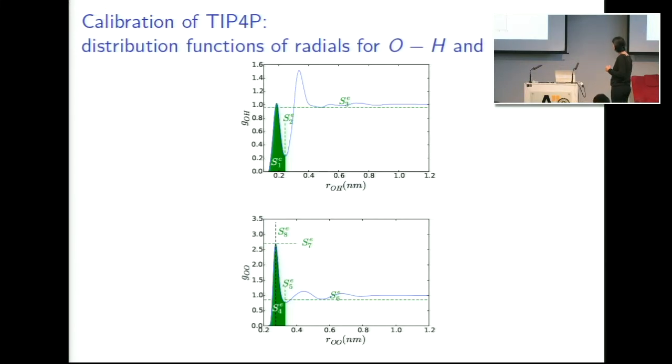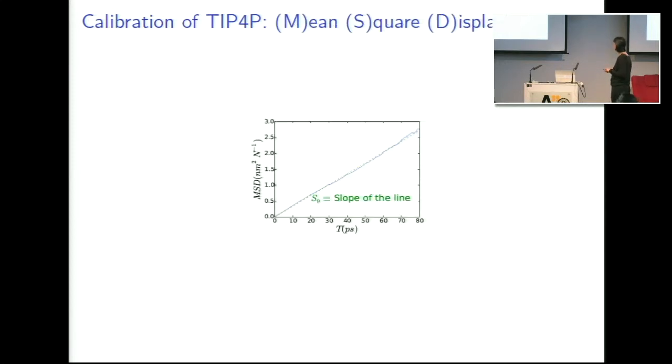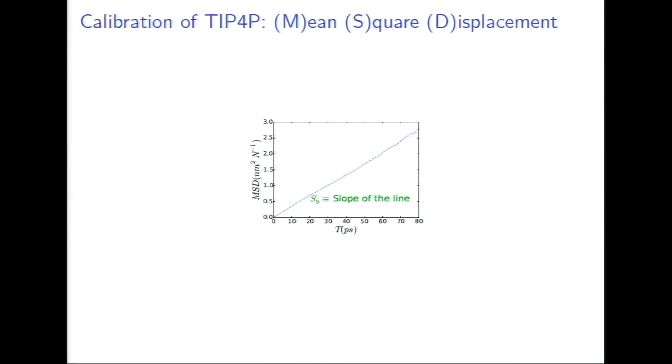So basically, we first draw these distribution functions, and the summary statistics are those S1, S2, S3, S4, and so on that you see here in the images. And here is the MSD, and the last summary statistic is the slope of this line.